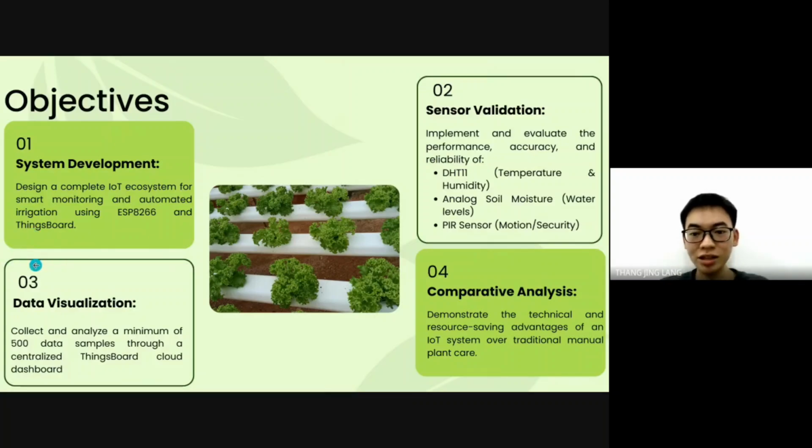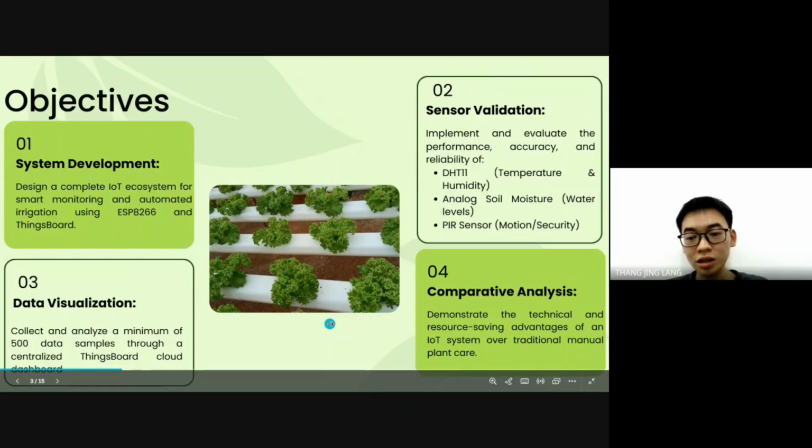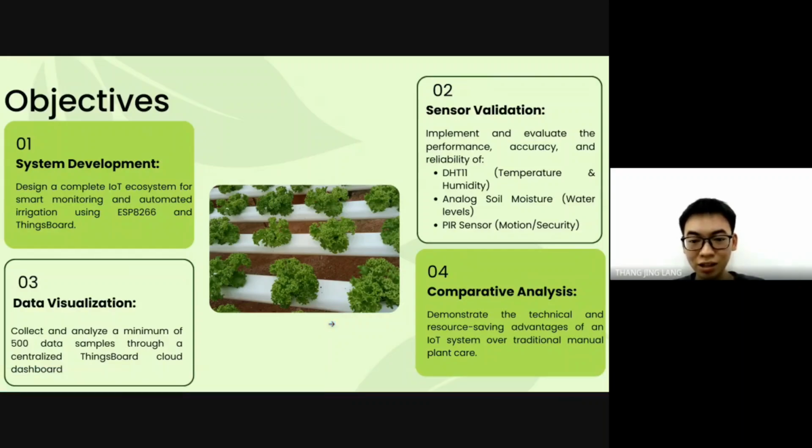The second is sensor validation: implement and evaluate the performance, accuracy, and reliability of the DHT11 to detect temperature and humidity, the second is an analog soil moisture sensor to detect the water levels, and the third is a PIR sensor to detect motion.